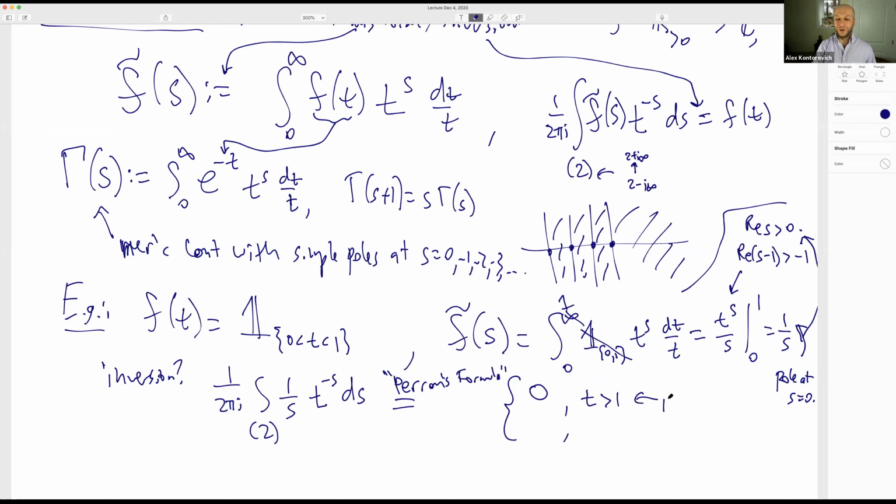So here's the vertical line 2, and we just pull the contour to the right, and there are no poles. And so it just dies. And if t is less than 1, then we pull the contour to the left. We pick up a residue at s equals 0, which evaluates to 1. Here's our residue. I'm just reminding you what we did last time. Hey, look at this. What is this function?